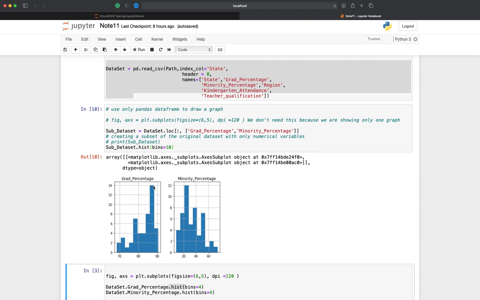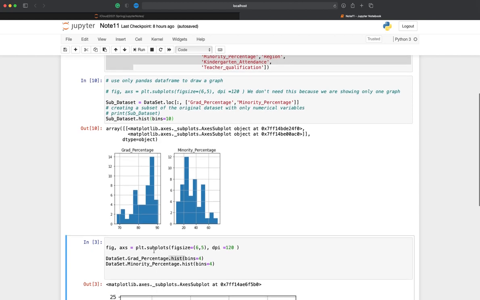But there are 14 states that have a percent high school graduation from, let's say 86% to 88% approximately. We can design this graph to be more specific and have lines that show exactly where each bin is going to end or start.